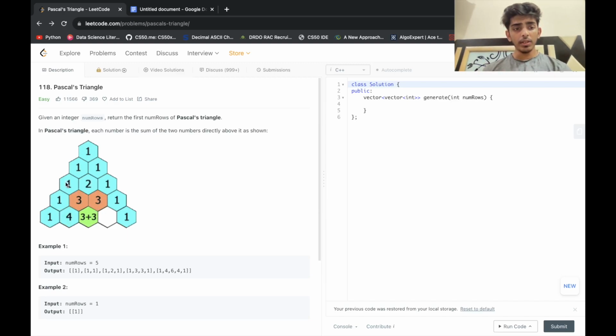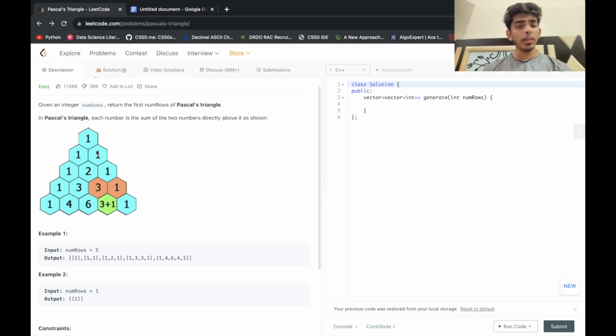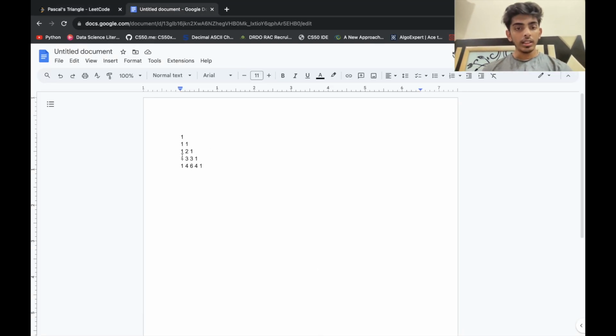Similarly for all the boundary cells. We apply the sum of two numbers directly above it: this one, and the imaginary one with value 0, so 1 plus 0 is 1. So in all test cases, the boundary cells will always remain 1.